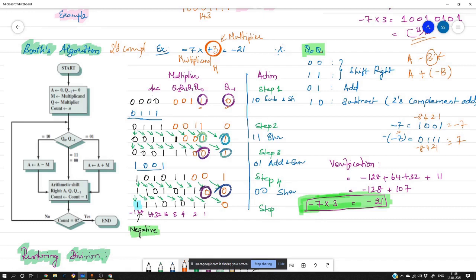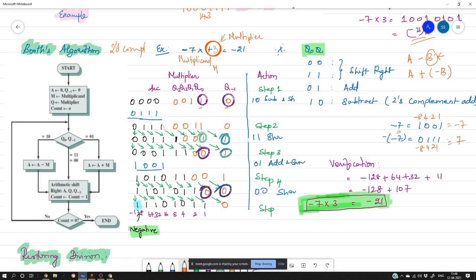After addition, as in the previous method, you do a shift right. We shift this bit into Q minus 1, and Q1 takes the place of Q0, and it goes accordingly. Here you do an arithmetic shift, whereas in the previous case it was a logical shift, so you copy the 0 back to the last position.